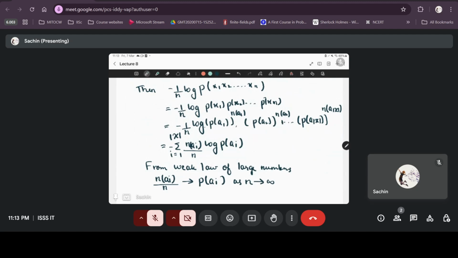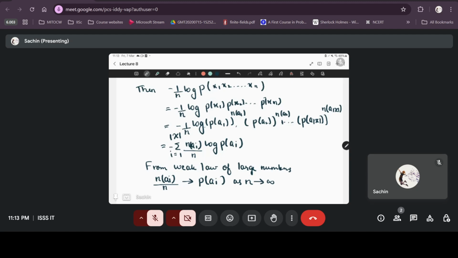So if you are tossing a coin, and the probability of heads is half and the probability of tails is half, then if you do 1,000 coin tosses, about 500 of them will be heads and 500 will be tails. So the fraction of heads is 500 out of 1,000, which is half, equal to the probability of heads.